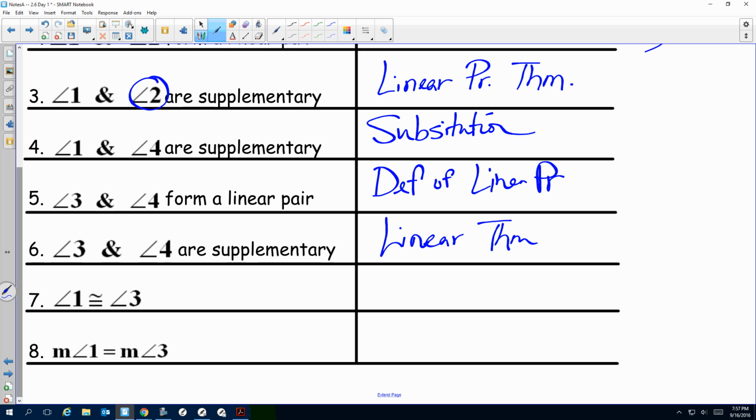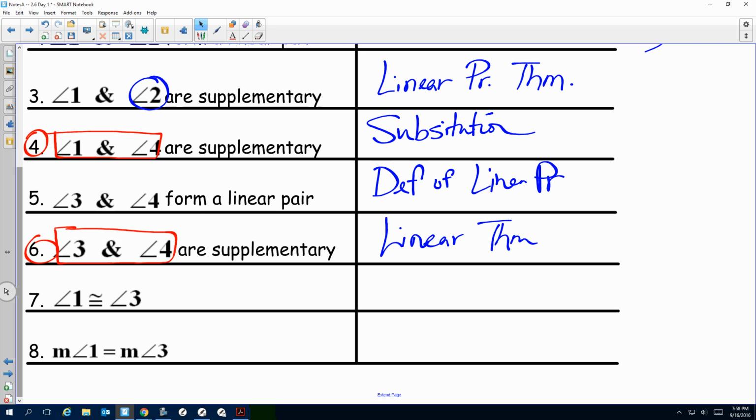Now, what they're doing next is we're going to see if we can recognize our new theorems that we added in our table previously, because I want to focus on line 4 and line 6. Line 4 says angle 1 and angle 4 are supplementary. Now this is angle 3 and angle 4 are supplementary.